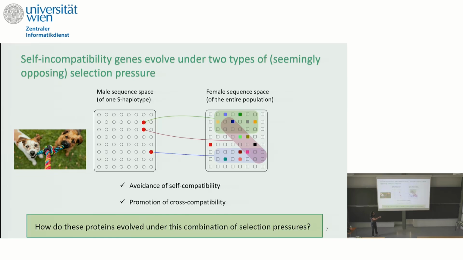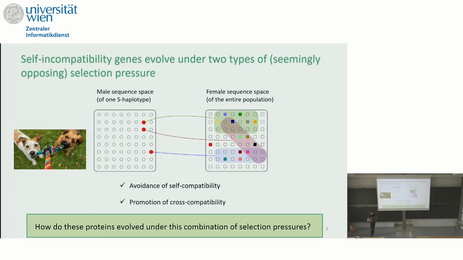The regions that I shaded here are the sequences that each of them can recognize and then target for degradation, enable fertilization, etc. Collectively, these three male proteins recognize all the female types in the population, but they avoid matching the self protein, the red square here.